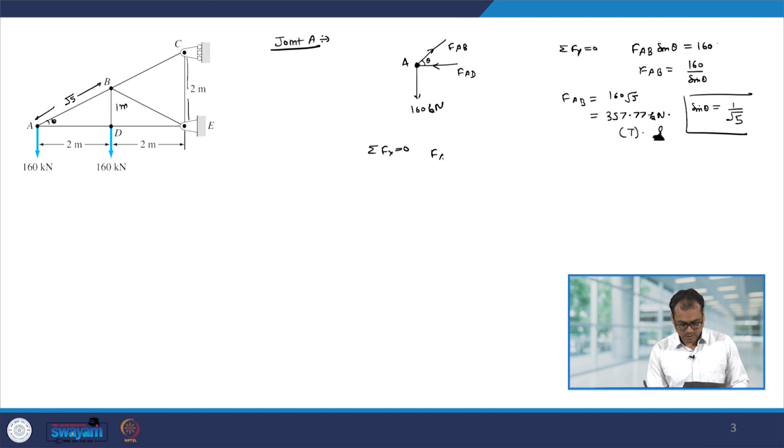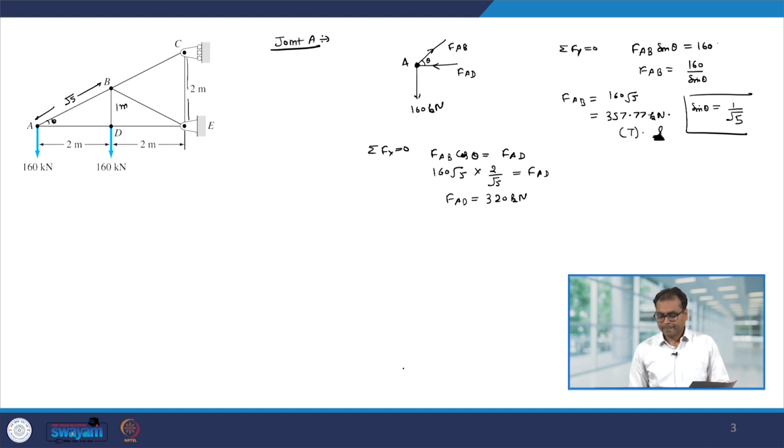So, you have FAB cos theta equal to FAD, and FAB is 160 square root 5 into cos theta is 2 over square root 5 equal to FAD, and this gives you FAD equal to 320 kilonewton. Now, this force is acting towards A. So, therefore, this will be compressive force. So, therefore, let me write down C.